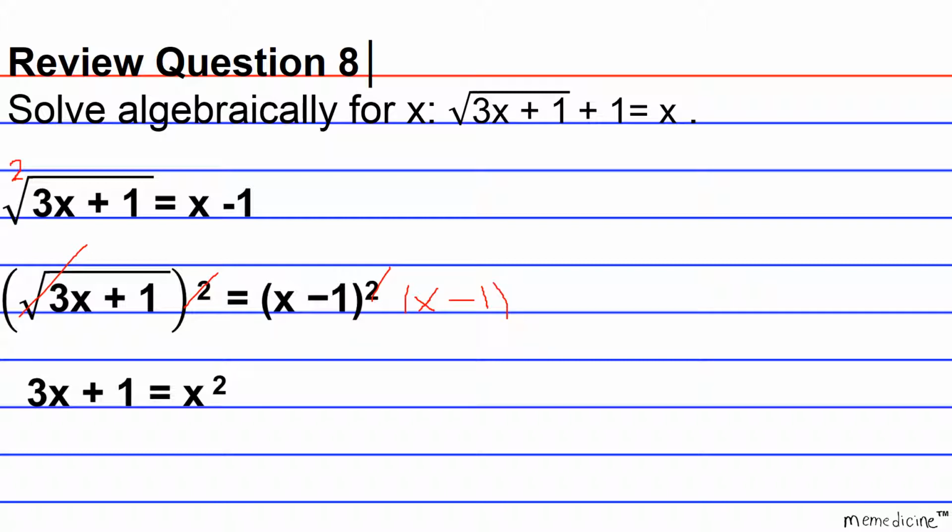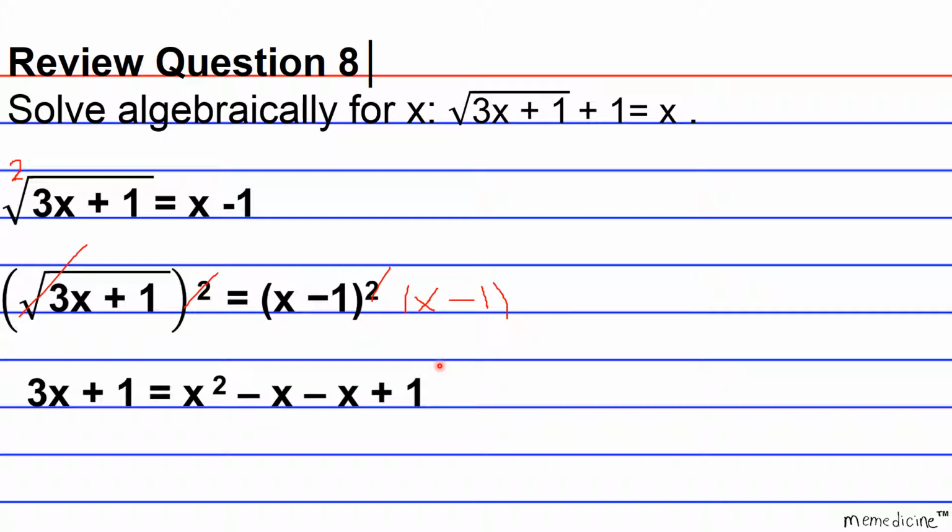And so when we multiply the first two terms, we get x squared. Then when we multiply the outside terms, we get negative x. Multiply the inside terms, we also get negative x. And then when we multiply the last terms, we get positive 1.